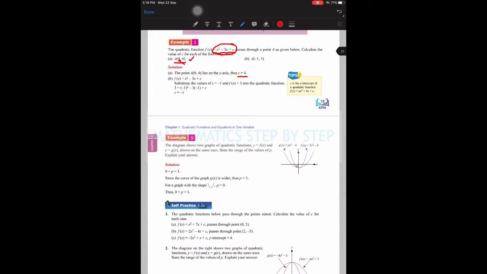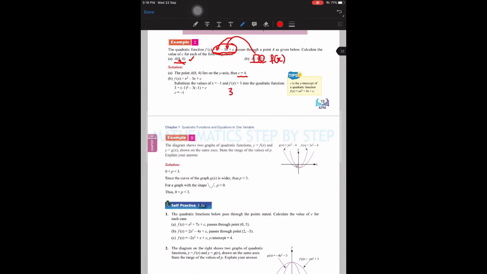Okay? Then for B, in this case we will have to do the calculation, okay? We'll substitute this -1 into x, and then we'll substitute this 3 as the value of f(x), okay?